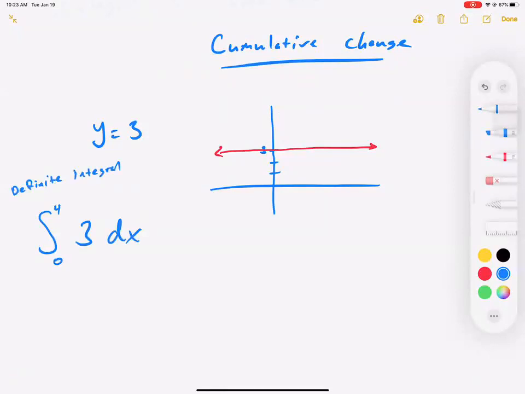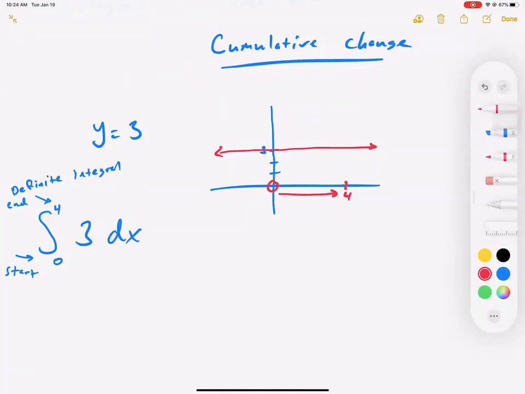And it's definite because we have a starting value and an ending value. Okay, we have a start and end. And this refers to starting from 0 here, and we're going to go all the way to 4.